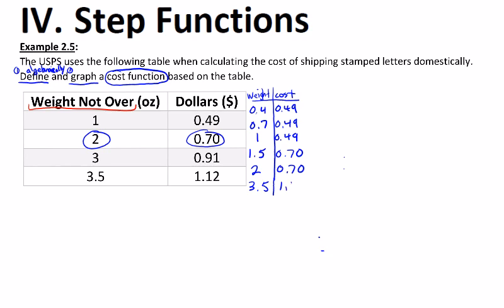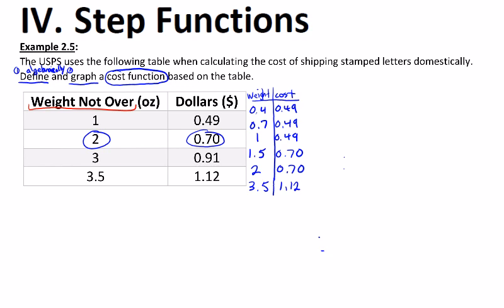So this is going to cost you $1.12 if you're going to send something that weighs 3.5 ounces. So I want to take this information and I want to try to graph it. I know the first thing on the list is the algebraic definition, but I think it would be easier to get a graph first, then we can look into writing the algebraic definition.